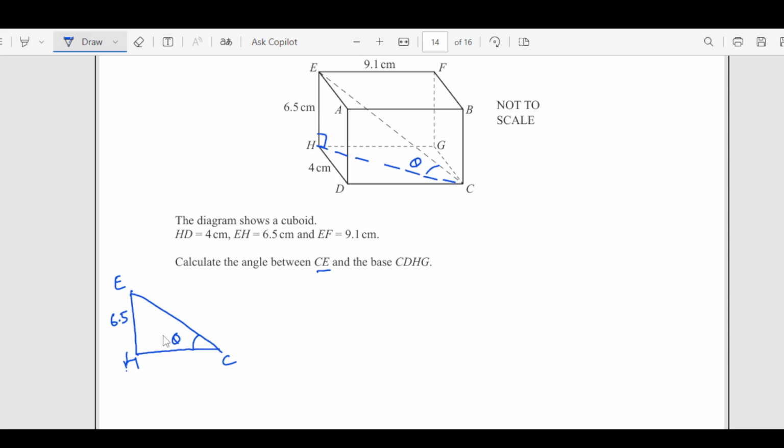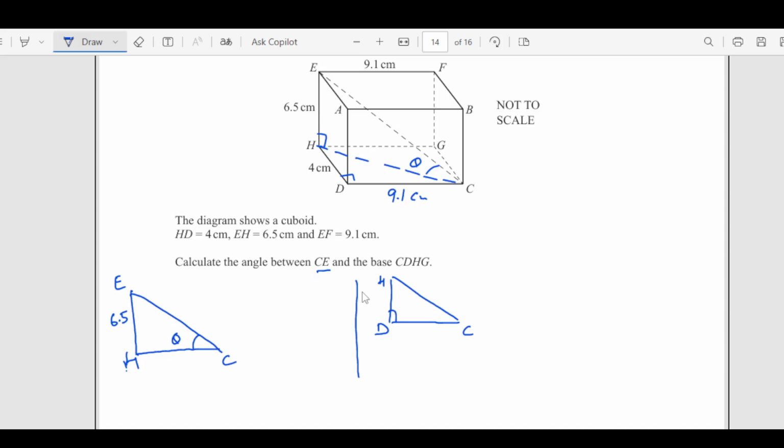If we have this as 9.1 here, right? So that means this is also going to be 9.1 centimeters. So as you see, this triangle is also a right angle triangle, this one. Okay, so let me just draw this also here. So this is HDC.